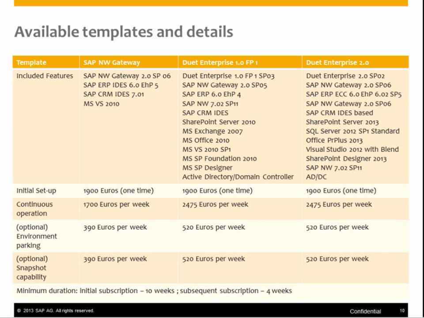All these are very comprehensive environments, so prices are slightly high. Depending on the needs and the further utilization of that environment, maybe prices are adjusted. So stay tuned on the blog that was outlined on the previous slide.